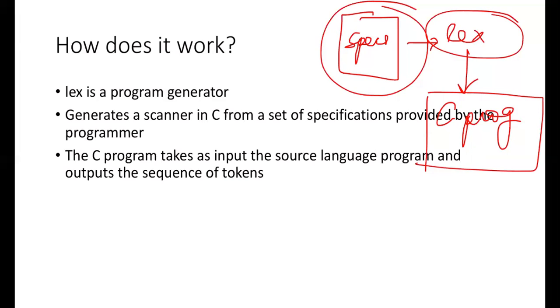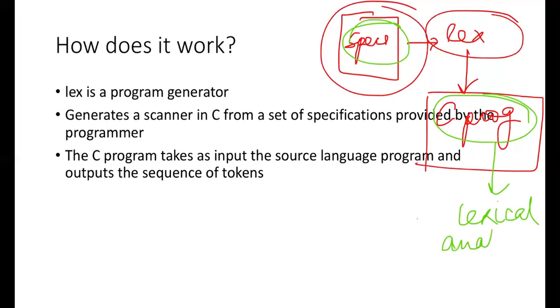So we will write our specifications in this particular file. Then we will run it through the Lex utility, and we will get a C program. This C program is our lexical analyzer. What the C program will take as input is the source language program, and it will output the sequence of tokens.